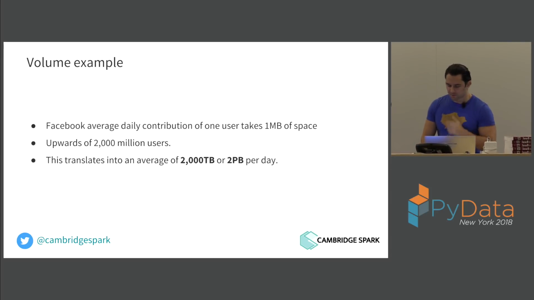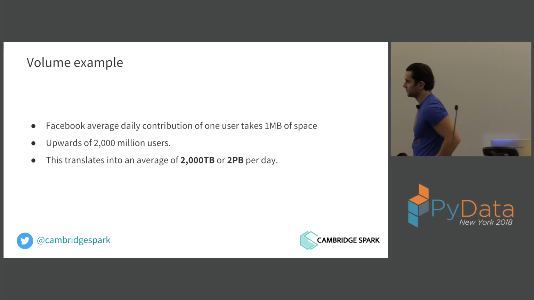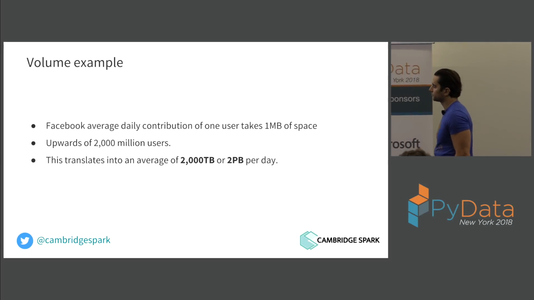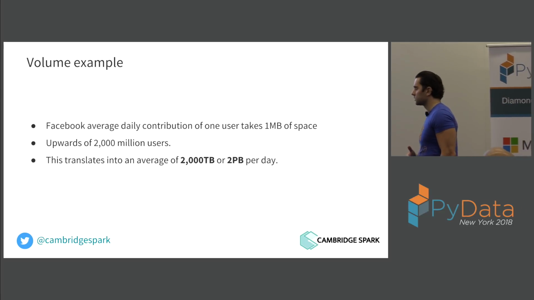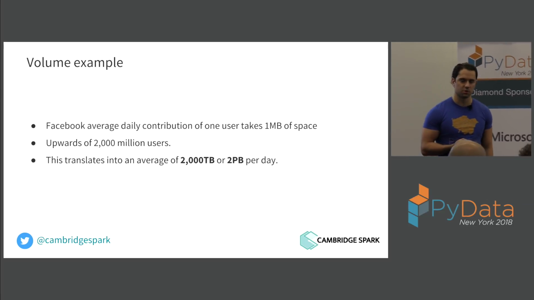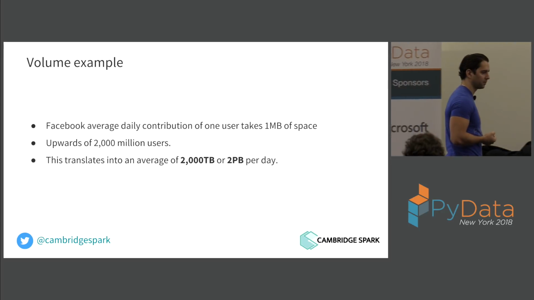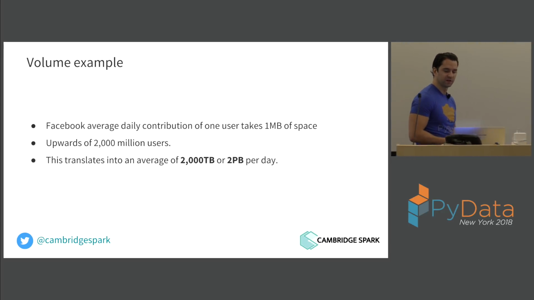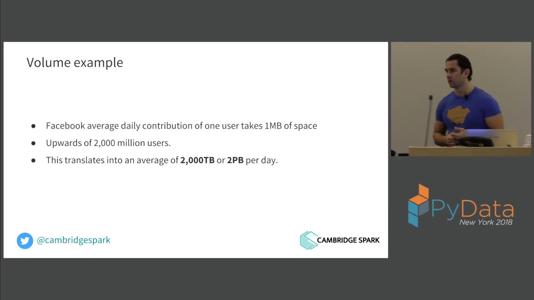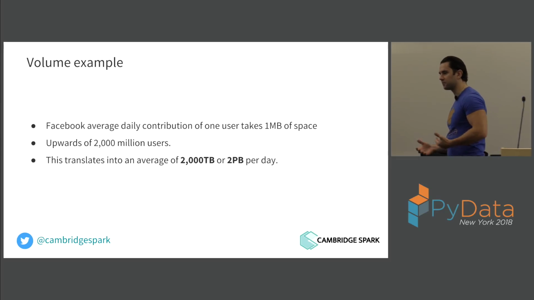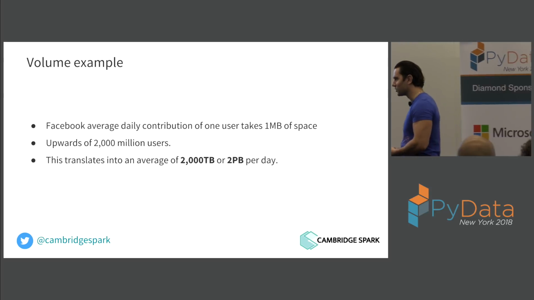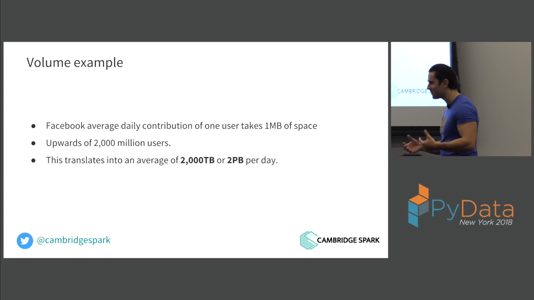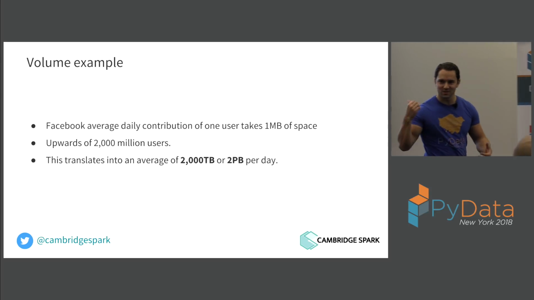Now, the volume, just to put things into perspective: Facebook has 2 billion users, and conservatively, let's say each user is making a 1 megabyte contribution of data per day. So, Anthony, do you like to take a selfie now and then? Sometimes, right? Who doesn't? So a good selfie in high definition is probably 5 megabytes already. So this is very conservative.